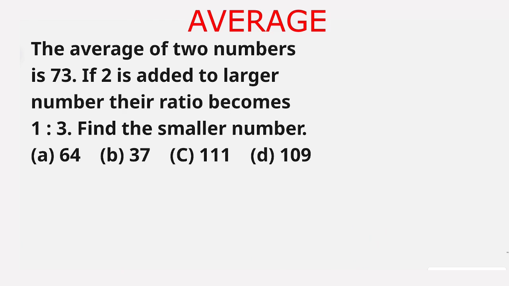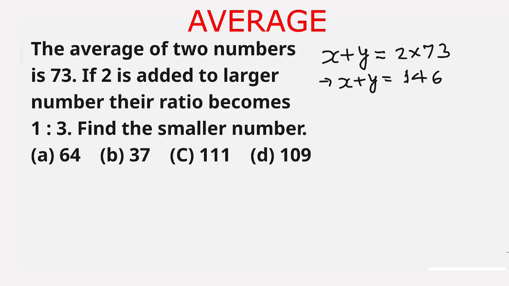If the two numbers are x and y, then their sum x plus y is 2 times 73, as their average is 73. So this will be 2 multiplied by 73. This gives x plus y equal to 146. 73 times 2 is 146.